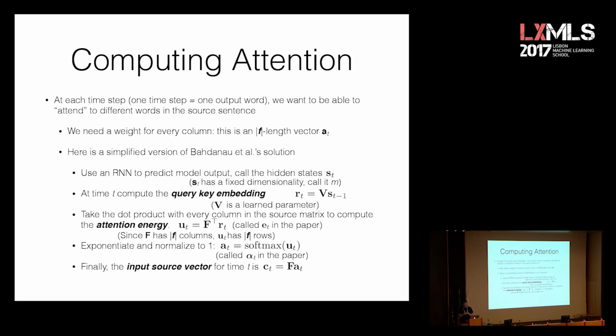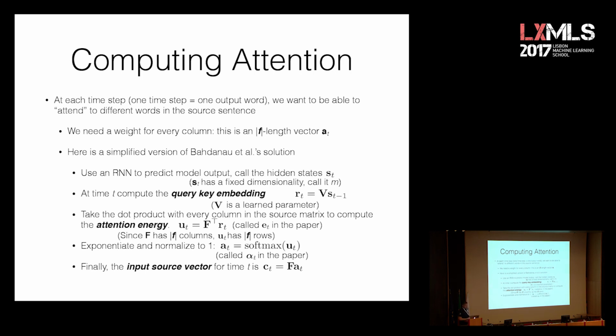We're going to get a score, and we do this for every column in this matrix. It doesn't matter how many columns there are, we're just doing the same operation with the same query key over and over again. Basically we're building this vector, let's call it U sub t, which is going to have the number of rows equal to the number of columns in that input matrix.